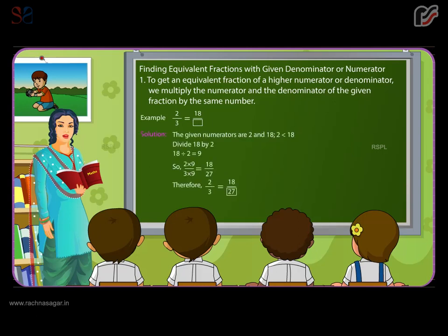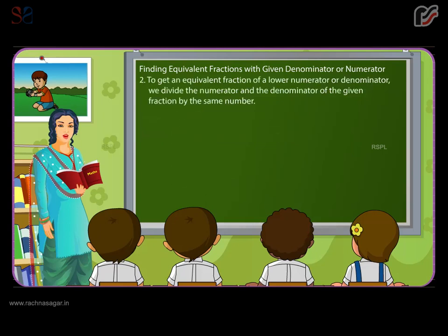The given numerators are 2 and 18. 2 is lesser than 18, so divide 18 by 2. 18 divided by 2 is equal to 9. So, 2 multiplied by 9 upon 3 multiplied by 9 is equal to 18 upon 27. Therefore, 2 upon 3 is equal to 18 upon 27.